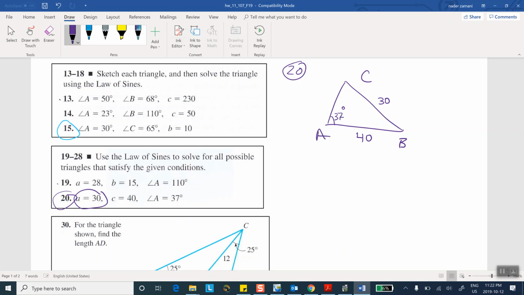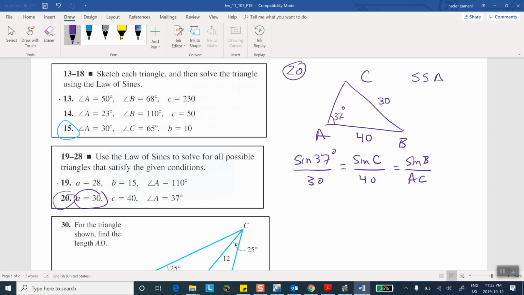Once again this is a side angle, but it's really irrelevant. So let's write this down. We have sine of 37 divided by 30 equal to sine of angle C divided by 40 equal to sine of angle B divided by AC.